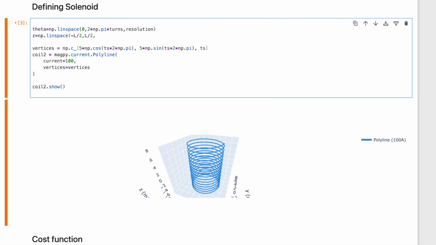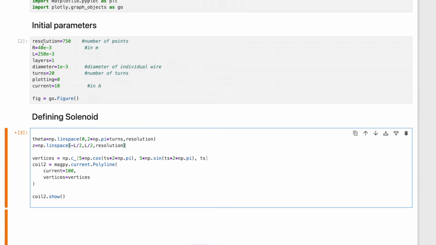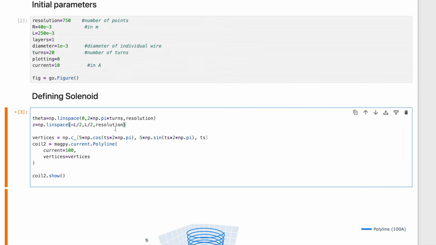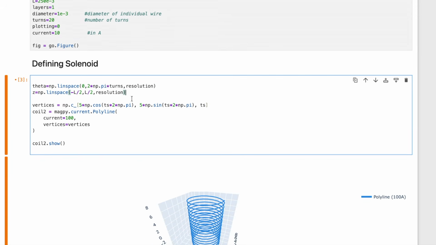This is to have it symmetric along the zero xy plane, and again the number of points here is the resolution. So now when we change the resolution here, we would also change it here as well.